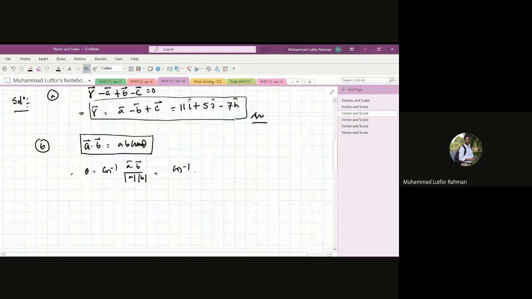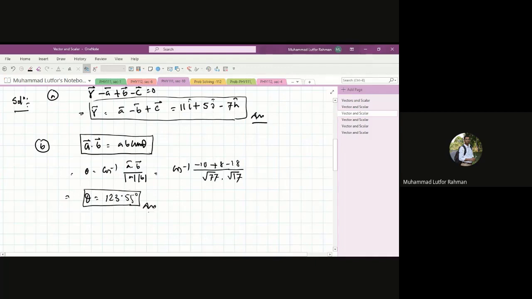Then it is going to be minus 10 plus 8 and minus 18. The magnitude of A is root 77 and the magnitude of B is root 17. Then you can find the angle. So theta would be 123.55 degrees. So this is the answer of question number B.